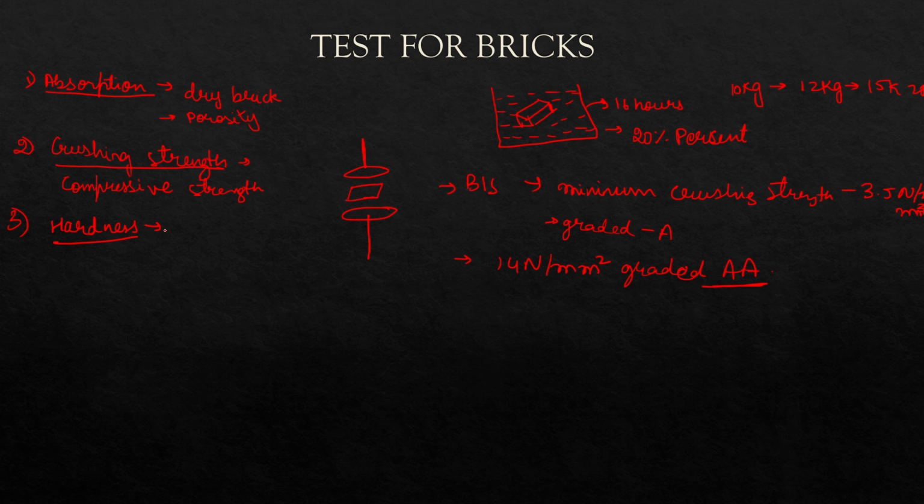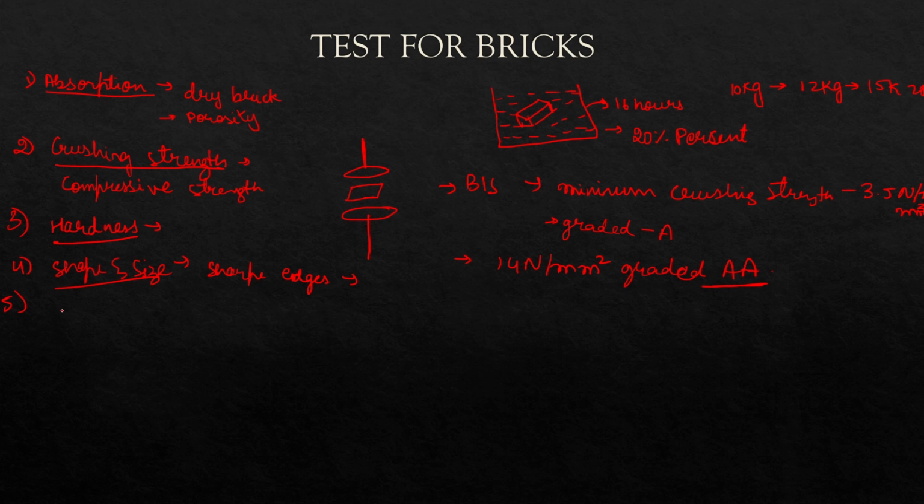In the hardness test, a scratch is made on the brick surface with the help of a fingernail. If no impression is left on the surface of the brick, it is treated as sufficiently hard. Shape and size: the shape should be properly rectangular with sharp edges, and the size should be, as we have discussed in modular brick, almost that size.